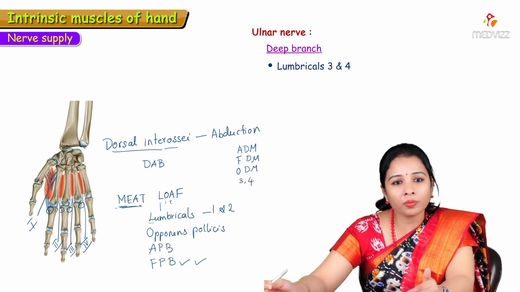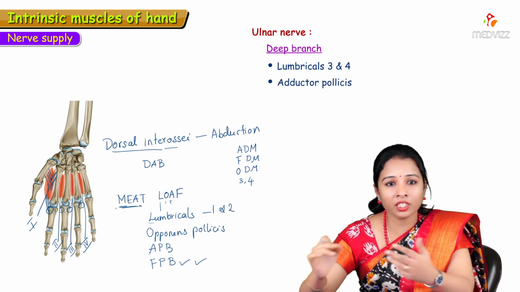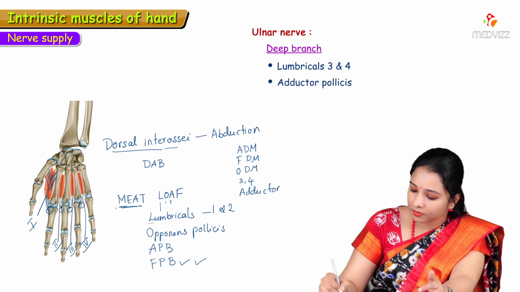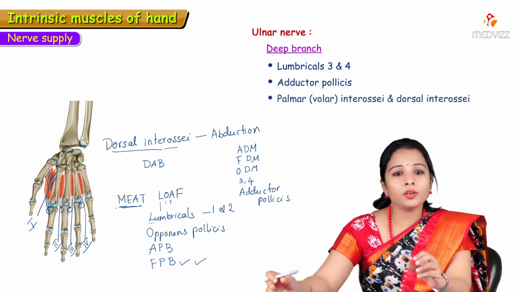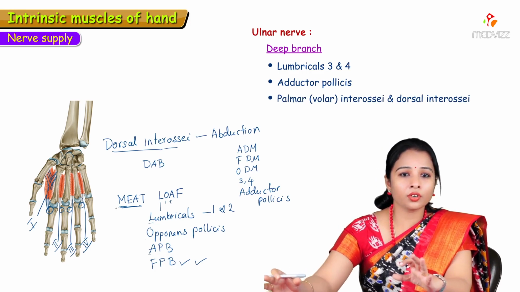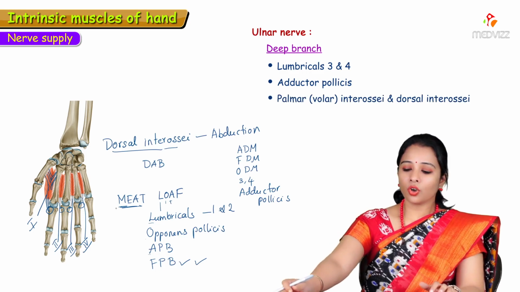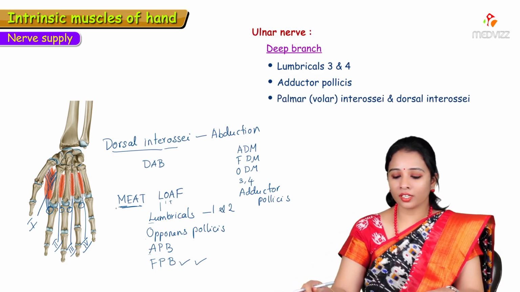It also supplies adductor pollicis. I told you adductor pollicis is not a thenar muscle. And palmar, that is volar interossei, and dorsal interossei. So all these muscles are supplied by the deep branch of ulnar nerve.